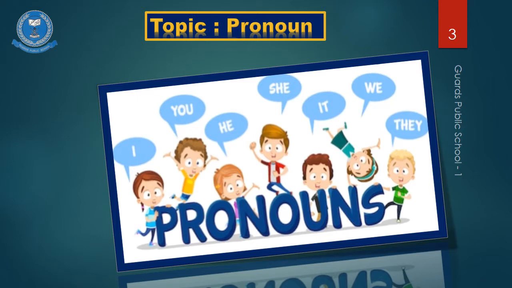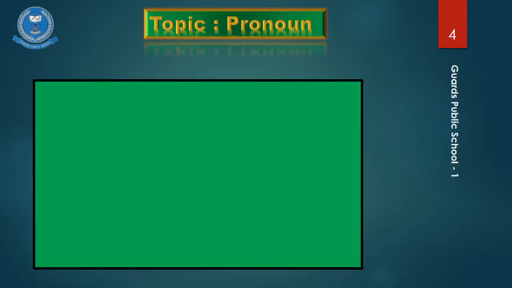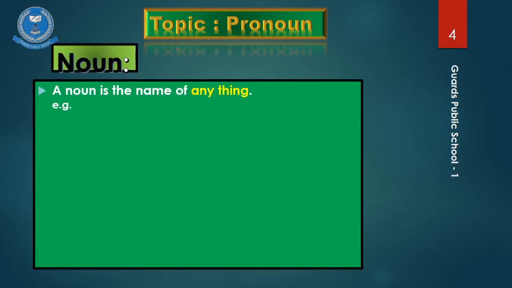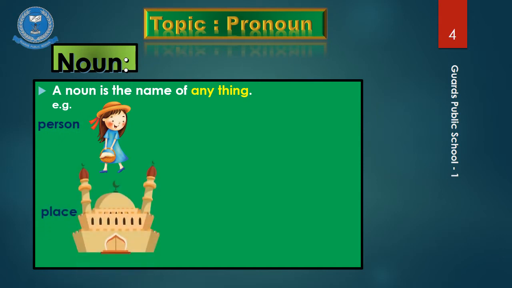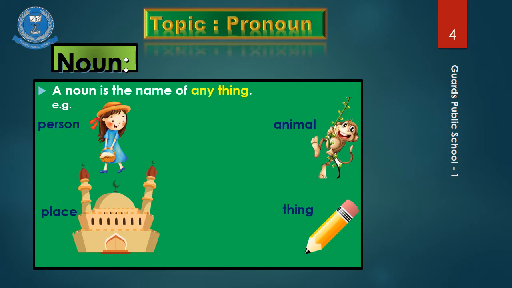So, before we go through pronouns, let's move towards noun. My dear kids, do you all remember that a noun is the name of anything? किसी भी चीज़ का नाम क्या है? Noun है. For example, it's a person, a place, an animal or a thing. All these belong to noun.